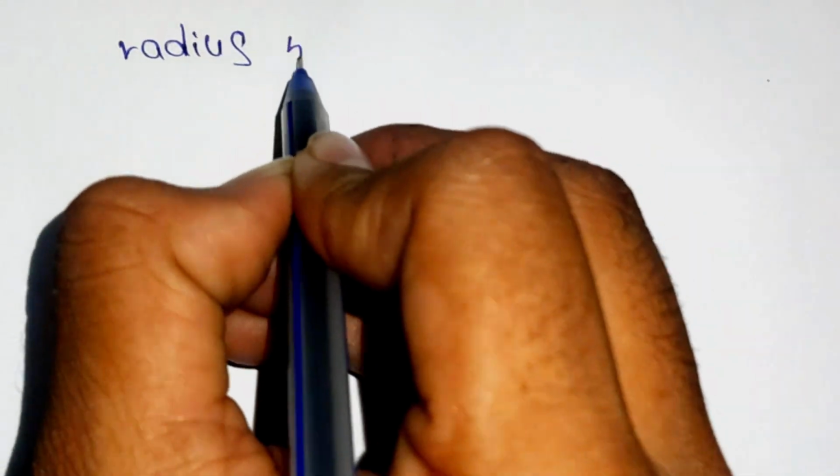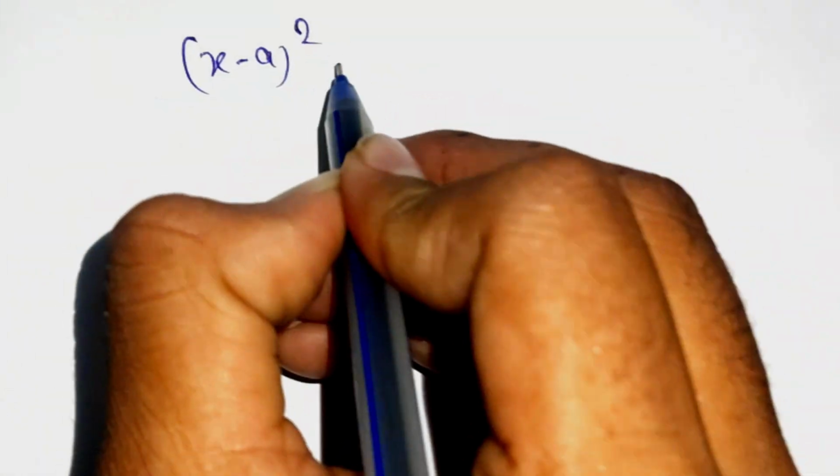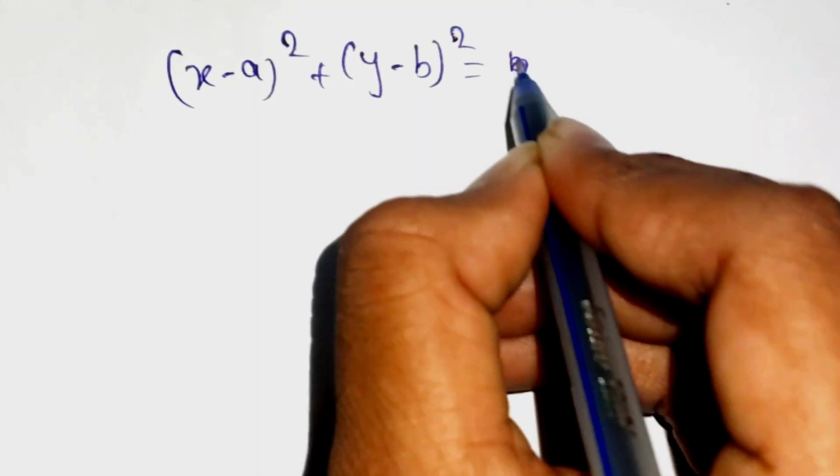The equation of the circle with center S minus 1 comma 1 and radius 5 is x minus a whole square plus y minus b whole square equal to r square.